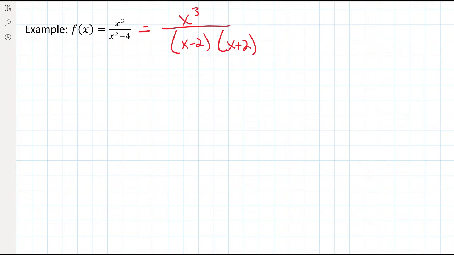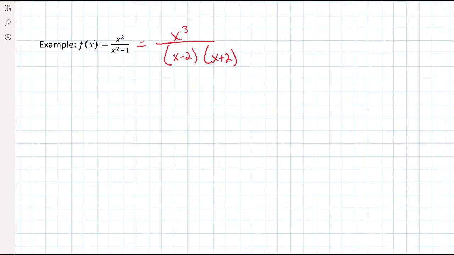Now that we have it factored, let's talk about the domain. The domain of any fraction is all real numbers except for those that create zeros in our denominator. Why is that? Because if we divide by 0 in the denominator, that creates an undefined function.